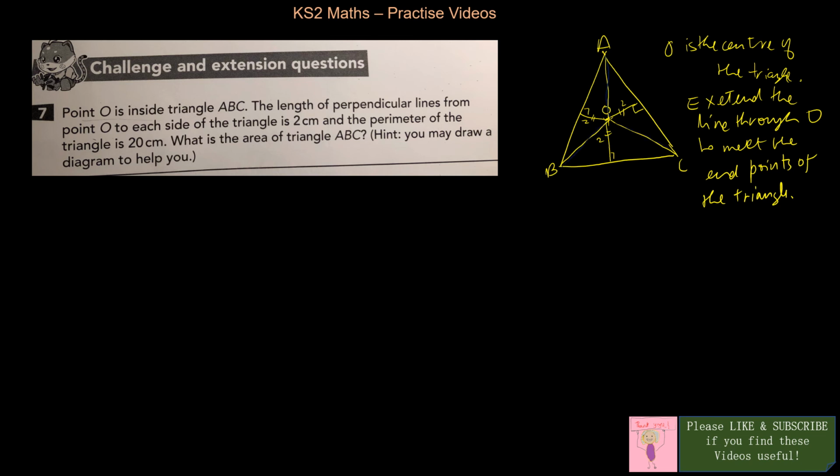If you do that, the perimeter of the triangle is 20 centimeters. So AB plus BC plus CA is 20 centimeters. Now you have to find the area of the triangle.